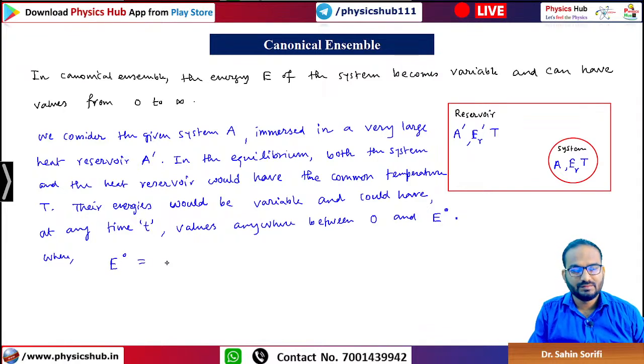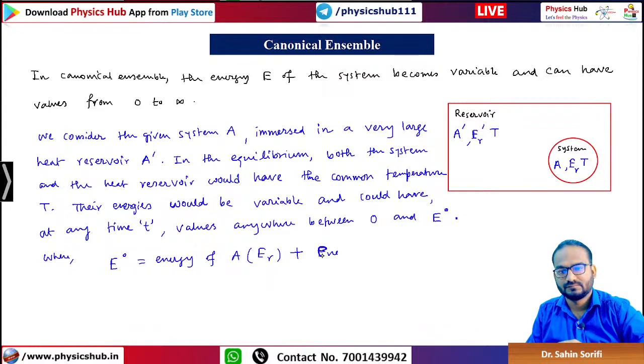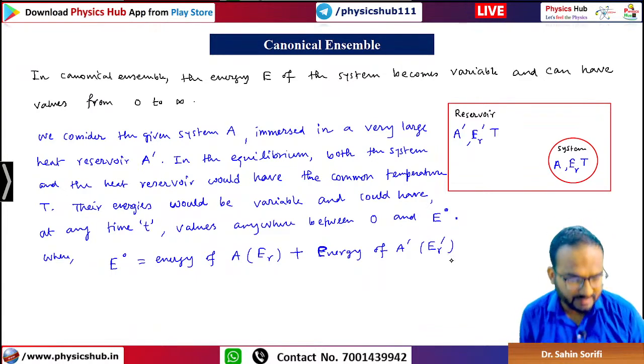E0 is equal to the energy of A, which we are denoting by ER, plus the energy of A prime, that is ER prime. I hope this is clear till now.